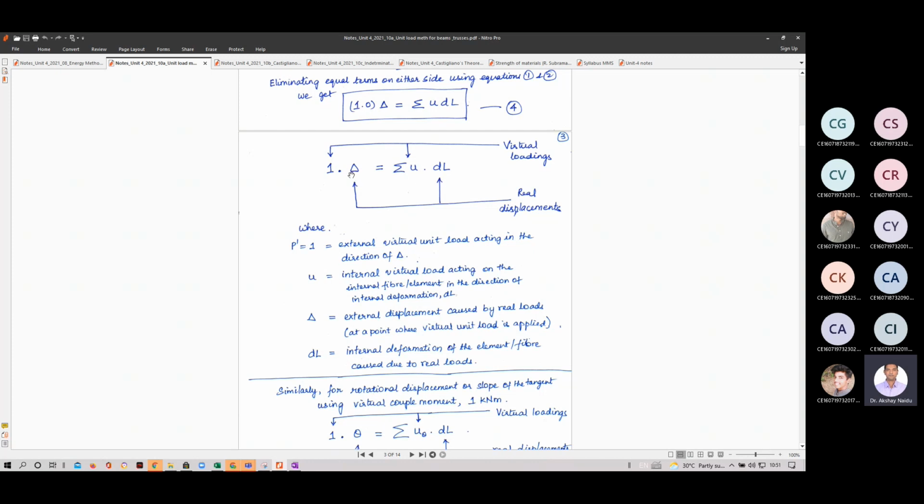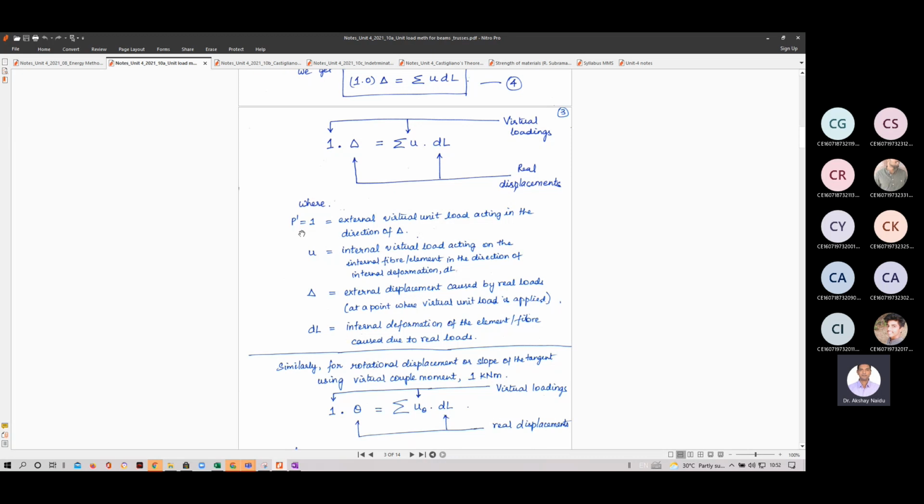And the products on the right are the real displacements. Virtual loads, real displacements: 1 and sigma u, delta and dl. This concept has to be very, very clear. Okay, you go through this.